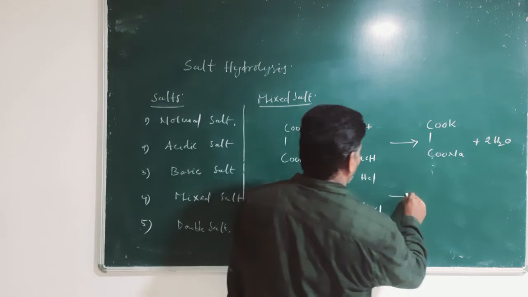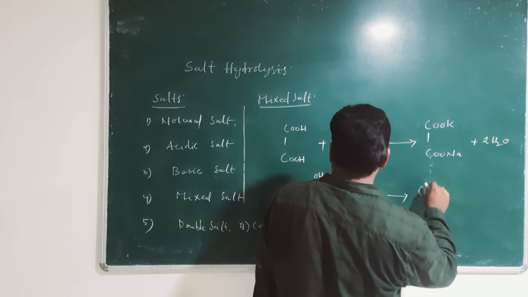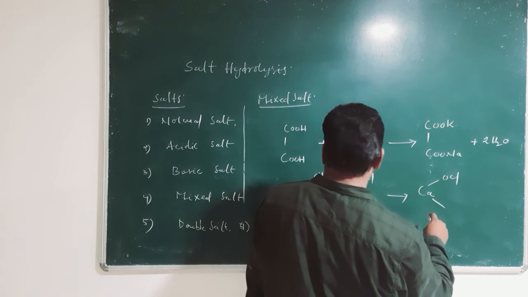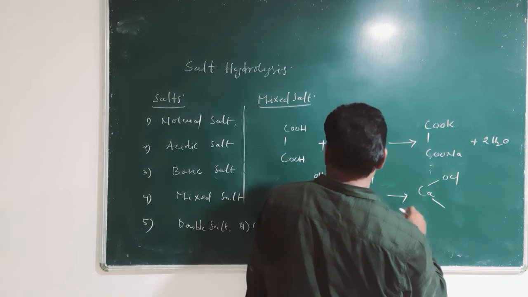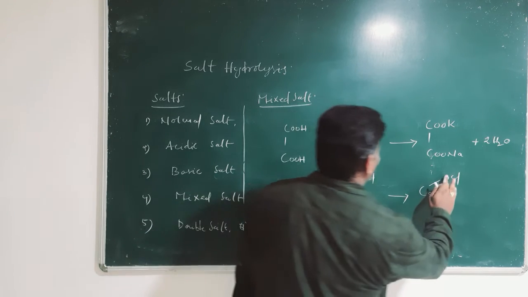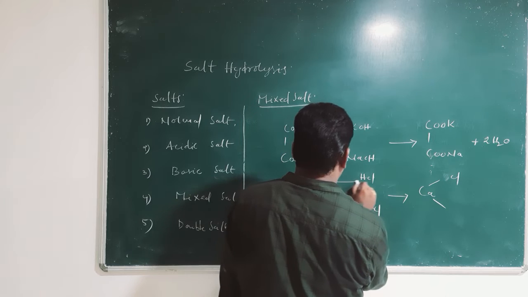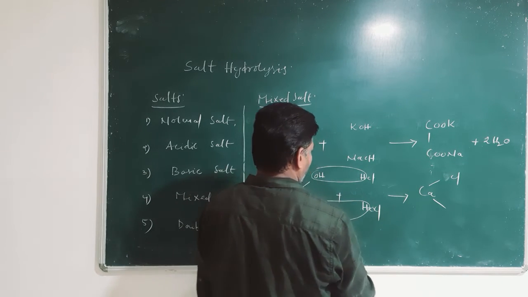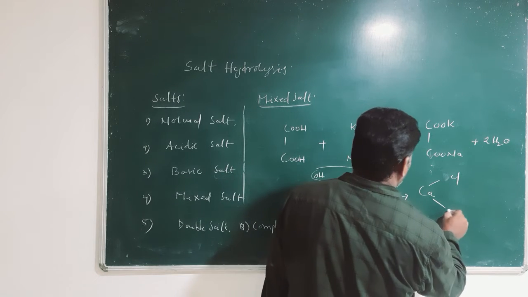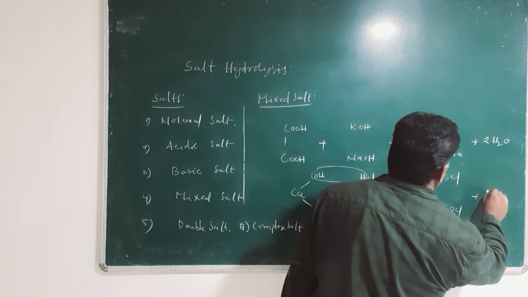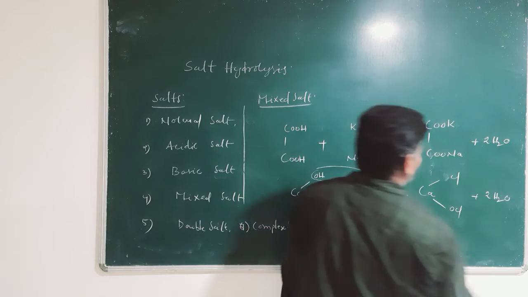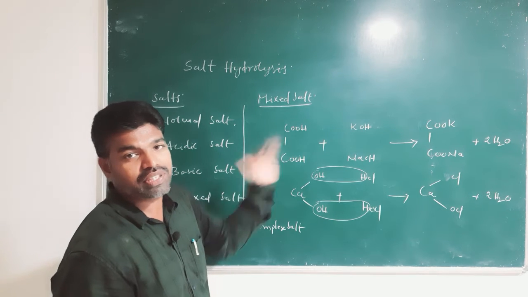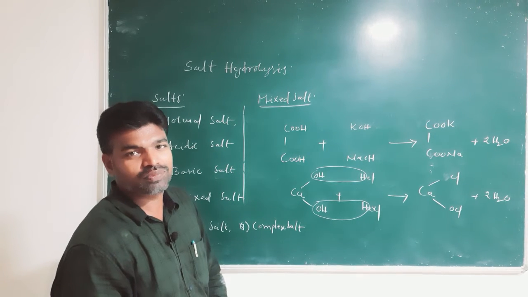It forms CaOCl and CaCl plus 2H2O. These are the examples for mixed salts.